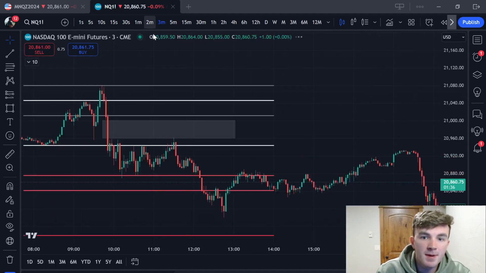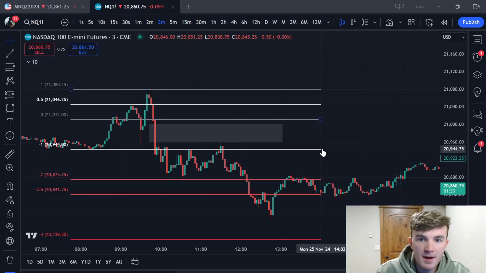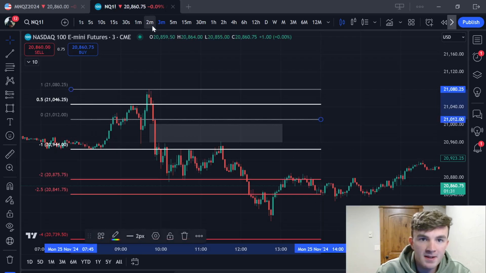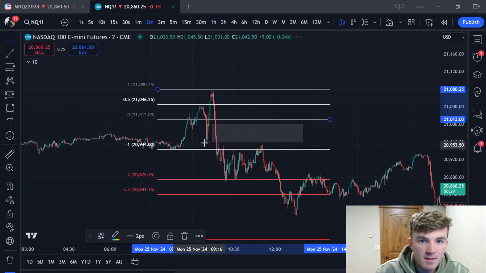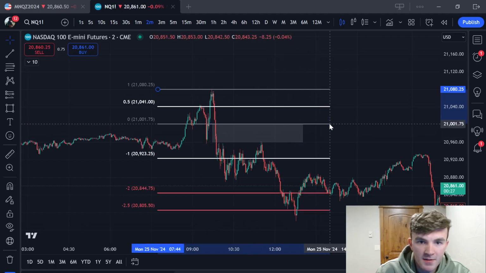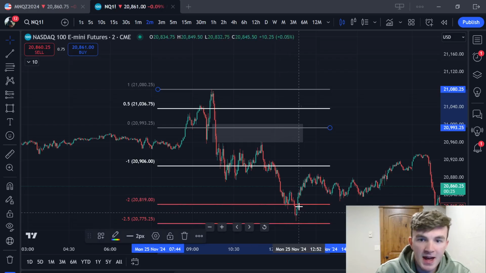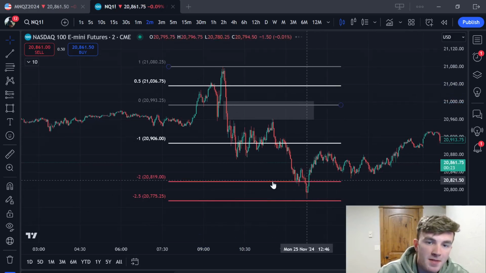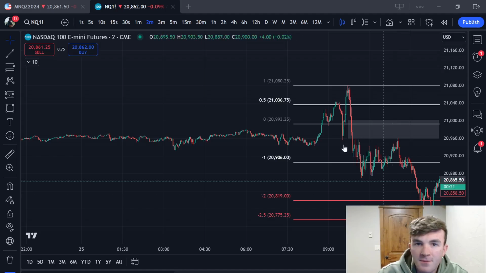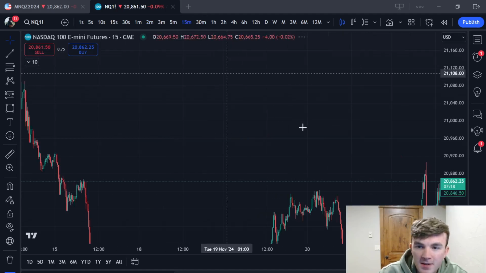I think he's talking about that one standard deviation. So if I measured out these, the 2 to 2.5 lining up at PM's lows, I think he's talking about this. And 15-minute inversion on NQ.